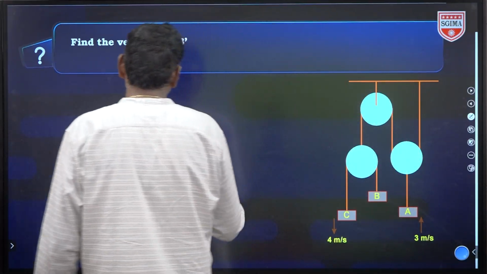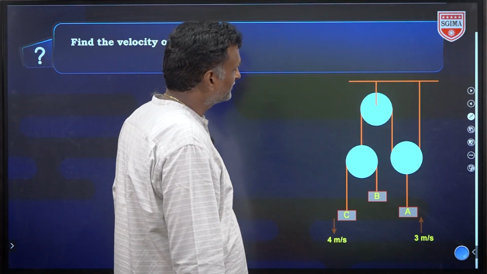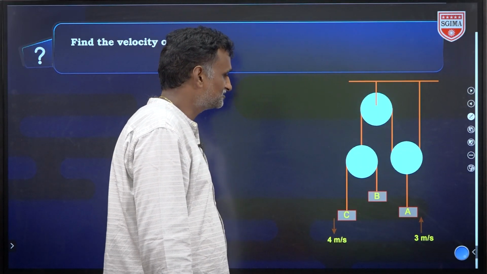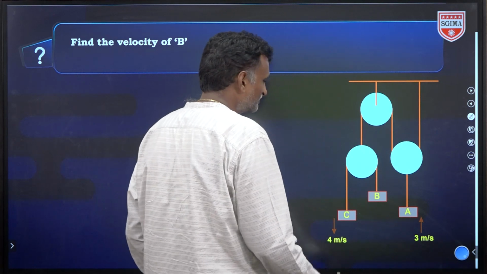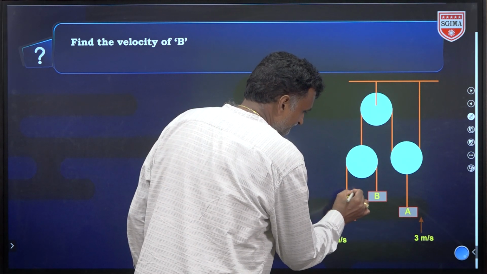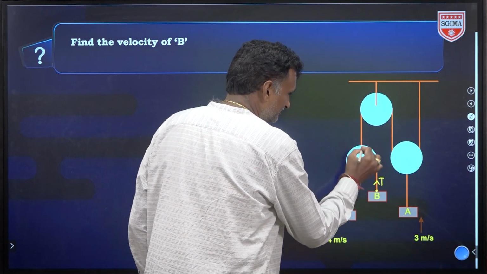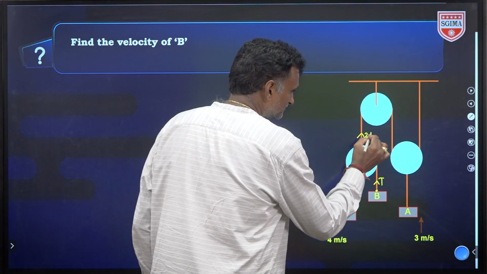Here is one more: find the velocity of B, they have given, okay? So here we need to solve the question by taking an assumption. Let us take the tension first. Here it is T, here it is T, then in this it becomes 2T, okay?